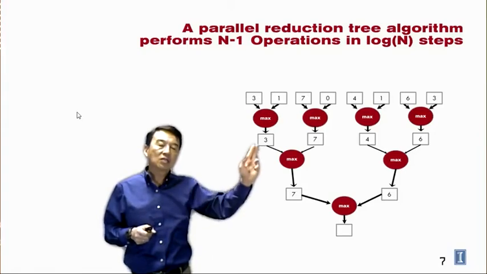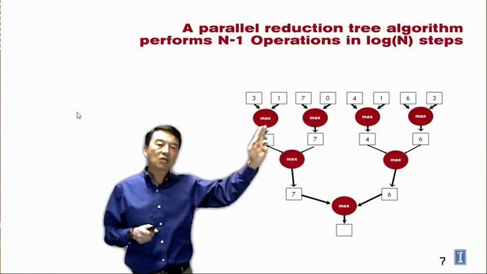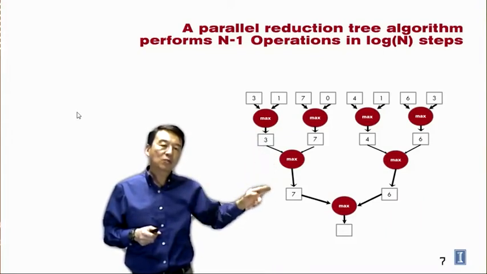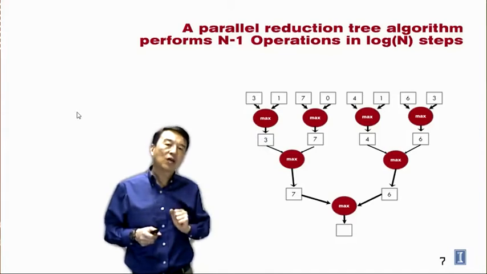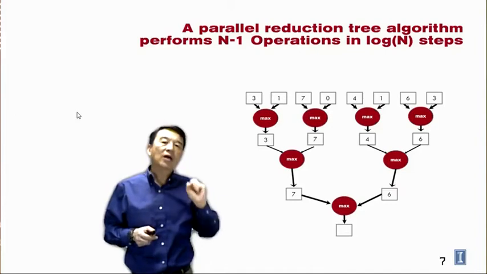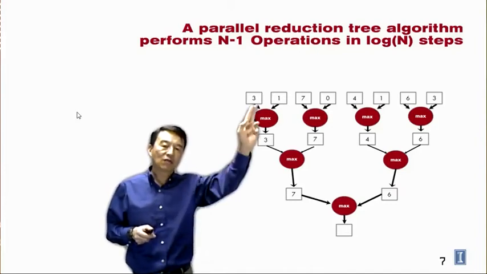As you can see, in this particular example, when we have 8 data elements, we're doing 4 operations plus 2 operations plus 1, so that's 7 operations. So we actually need to perform n-1 operations for the reduction.